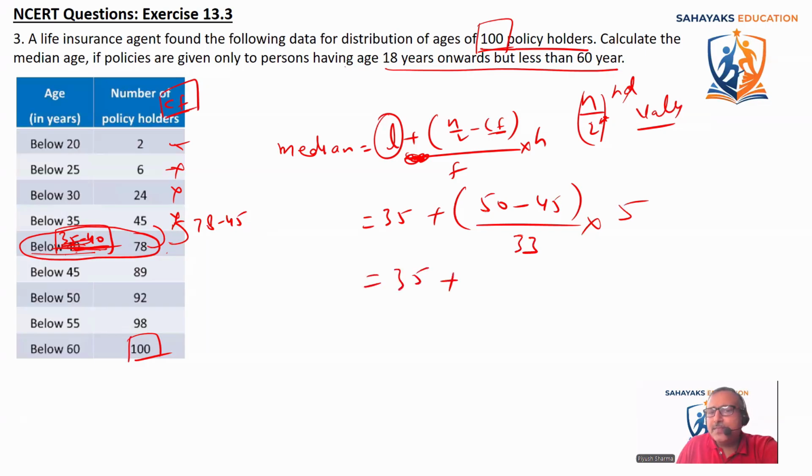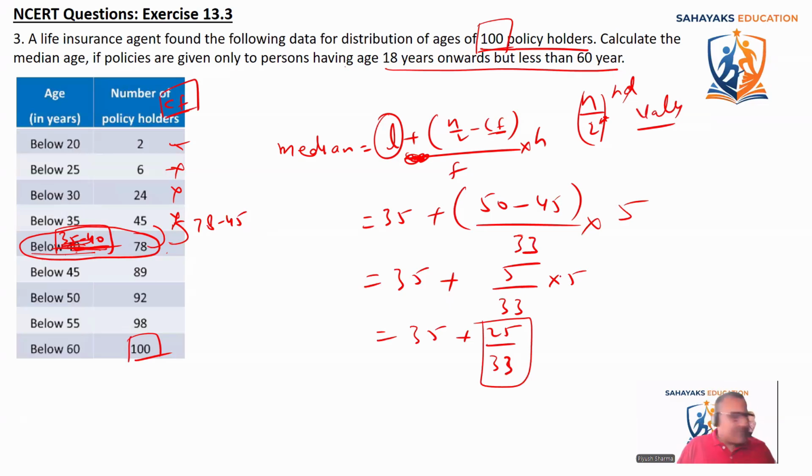So it comes as 35 plus (5 divided by 33) into 5, or 35 plus 25 divided by 33. This value is less than 1, so it will be less than 36. Let's compute it.